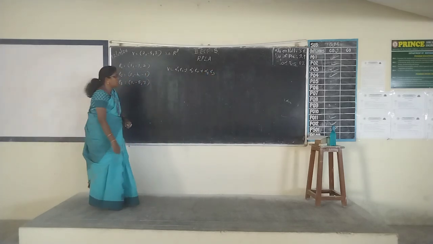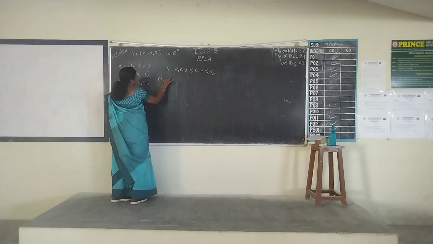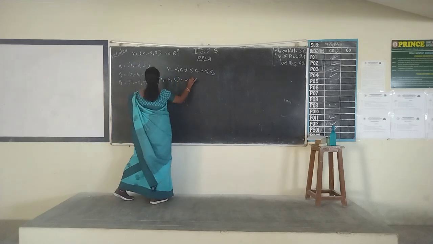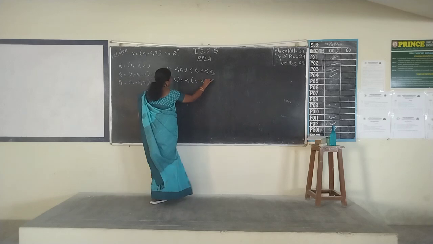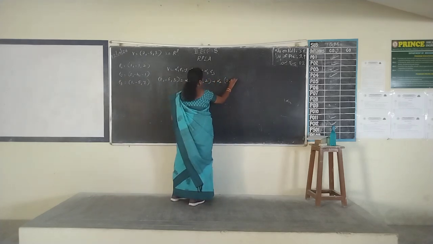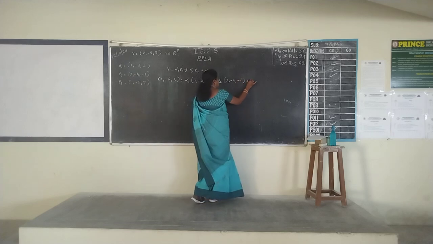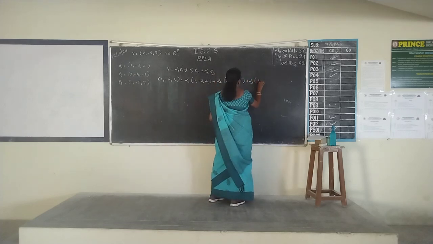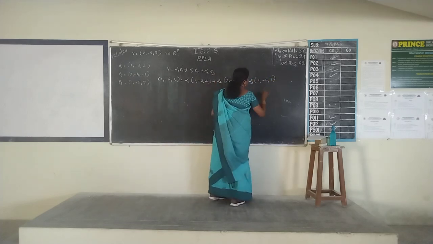Now substitute your vectors: (2, -5, 3) is equal to alpha 1 into E1 (1, -3, 2), alpha 2 into E2 (2, -4, -1), alpha 3 into (1, -5, 7).